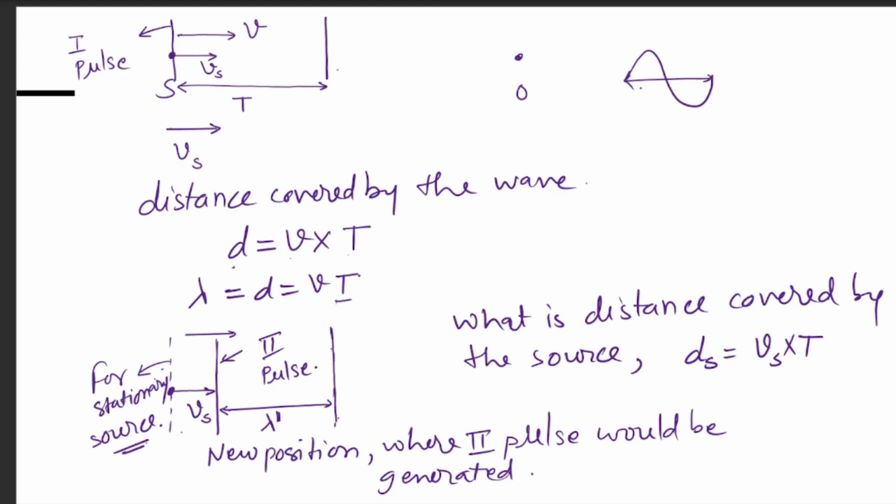So here once again, the distance covered by the source, ds is equal to vs into T, and the distance covered by the sound, d is equal to vT. For simplicity and for reference, I will draw the diagram once again here.